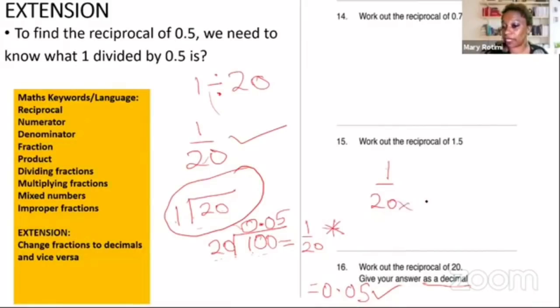So if I times this by 5 and I times this by 5, I am gonna get 5 over 100, yeah? Now, because it's 2 zeros at the bottom, I know I'm gonna have 2 decimal places, guys. So I'm gonna put 0.05 because that makes the 2 decimal places for me. But like I would always say, if you don't understand one method, learn the second method, okay?